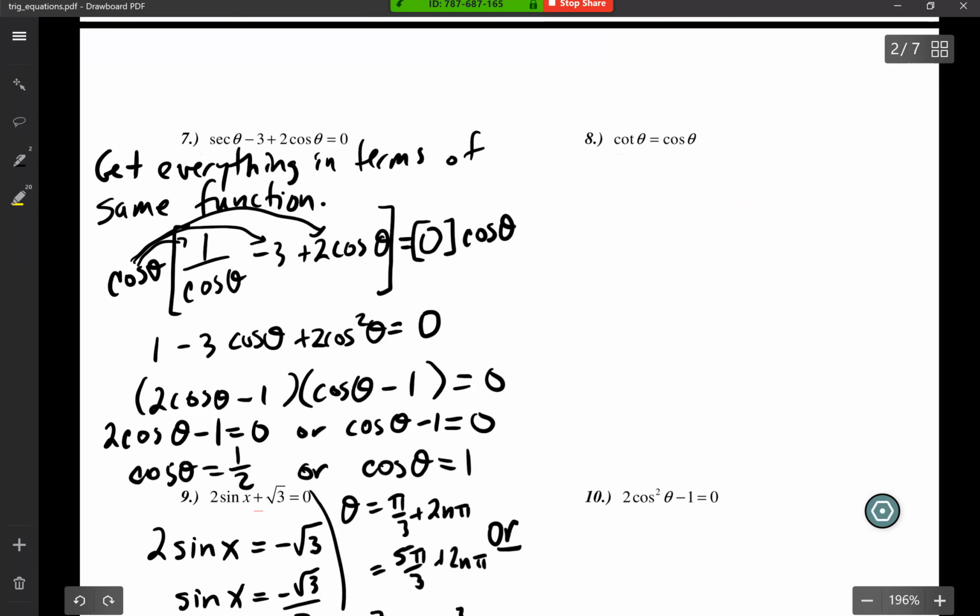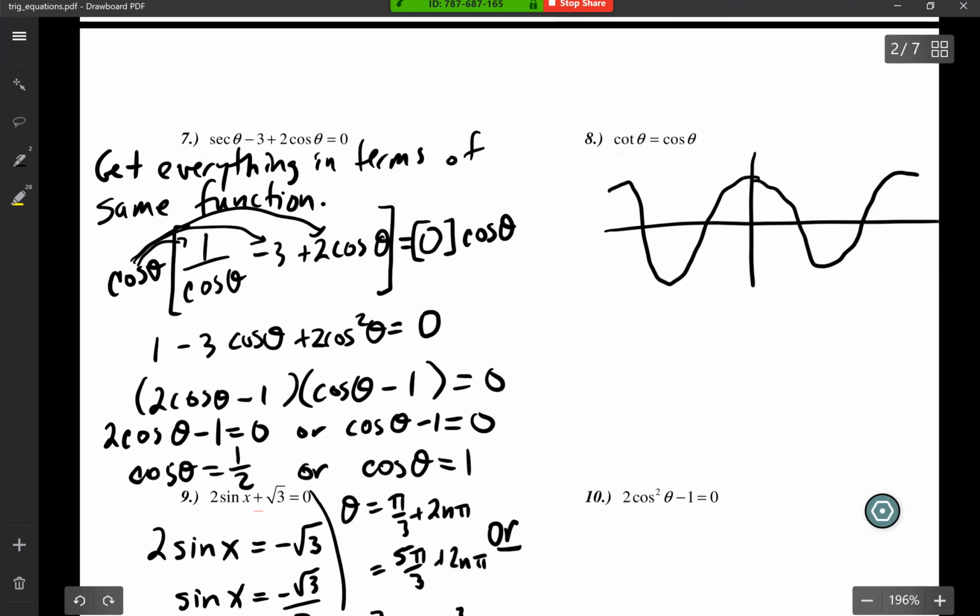The last one here, we need to know when cosine is equal to 1. Think about the graph. I'll draw it off to the side over here. Cosine graph looks like this, right? Where is it up here at 1? 0. Good. So this would be theta is equal to 0.